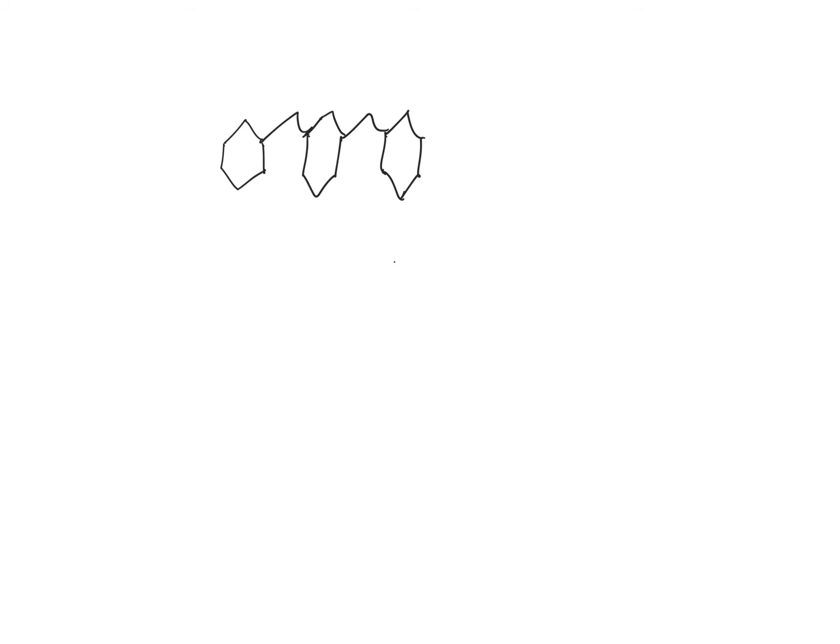So this could be what we call a starch. And starches are made up of glucose. These are found in a lot of plants, and these are edible. So we definitely digest starch.